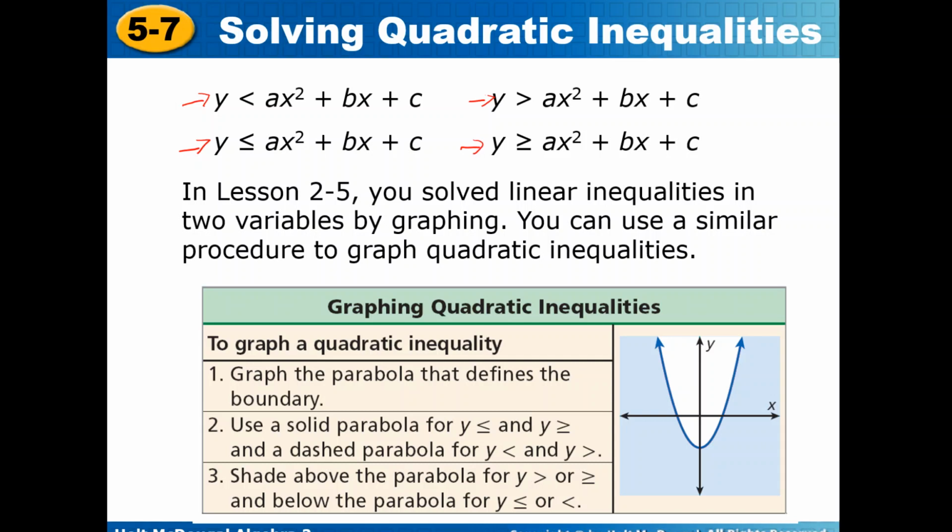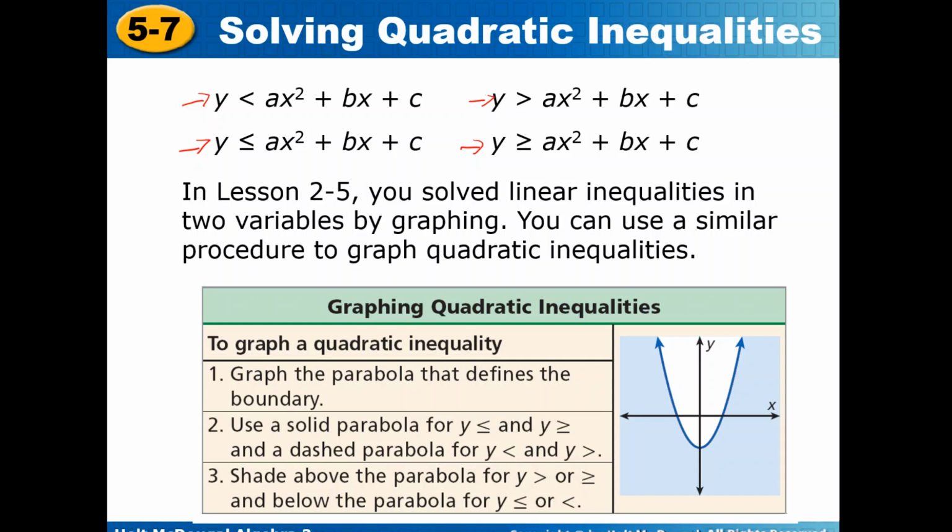In lesson 2.5, you solved linear inequalities in two variables by graphing, and you can use a similar procedure to graph quadratic inequalities. So what we're going to do is graph quadratic inequalities. We're going to graph the parabola that defines the boundary, and then we're going to use a solid parabola for y is less than or equal to and y is greater than or equal to, and a dashed parabola for y is less than and y is greater than.